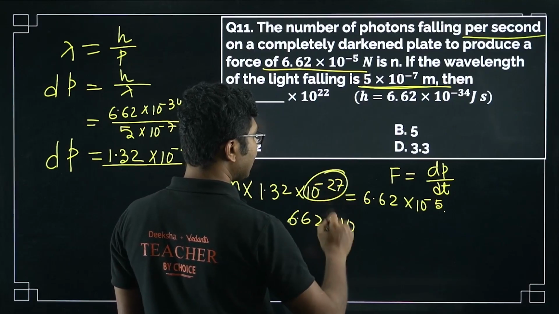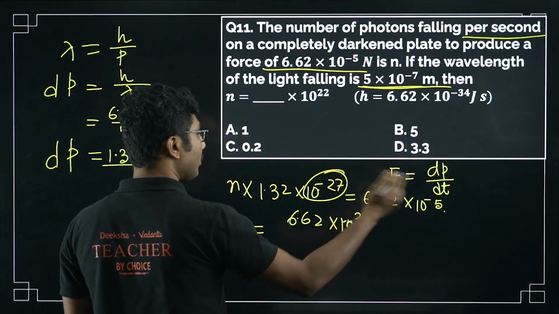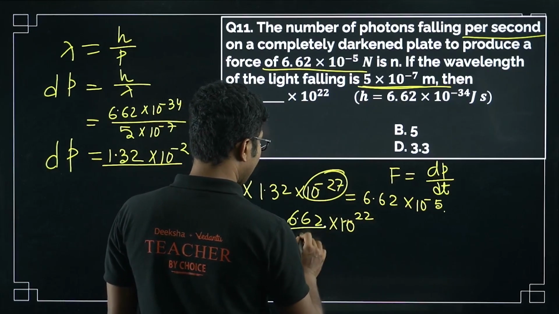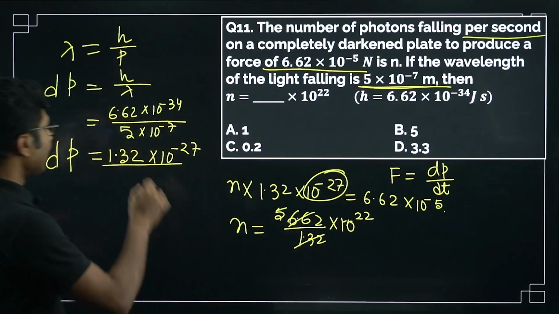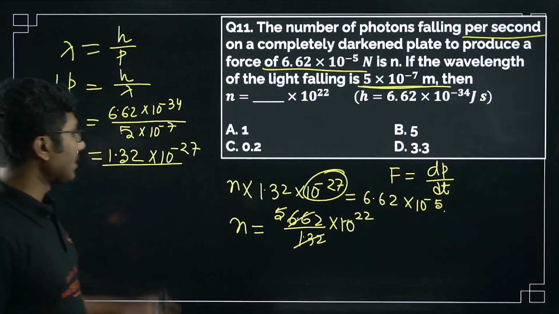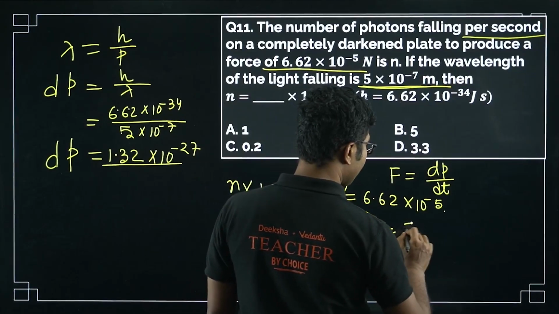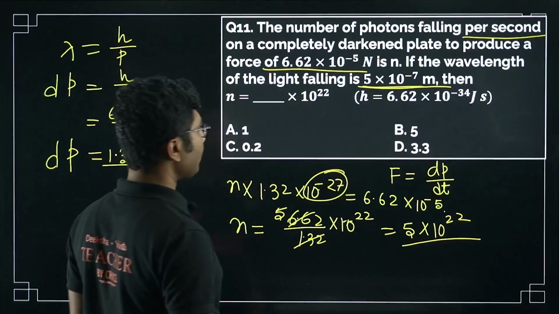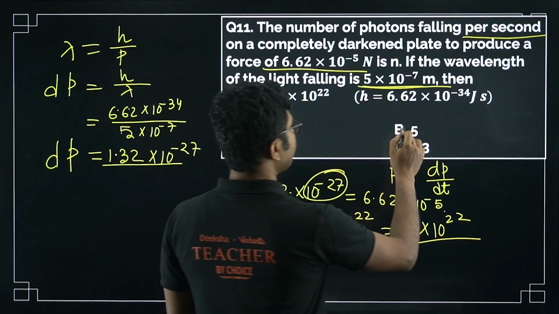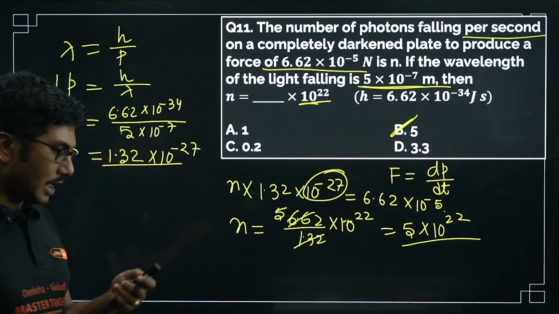Minus 27 is in the division, so it goes up and becomes 10 to the power of 22. The 6.62 cancels with the 1.32 to give 5, so the answer is 5 into 10 to the power of 22. Since 10 to the power of 22 is already given, 5 should be the answer here.